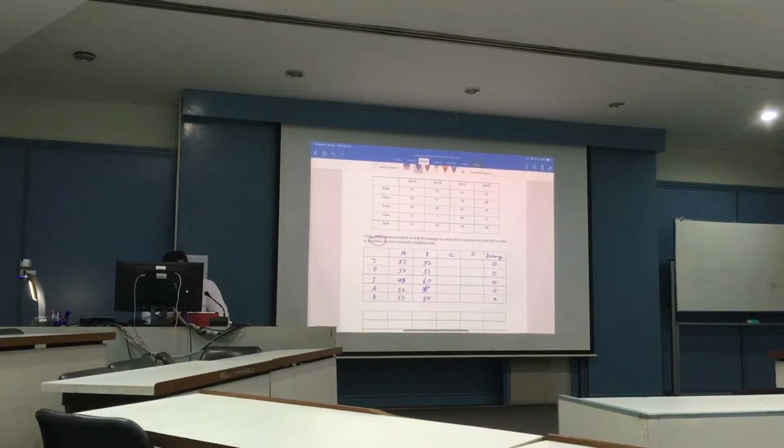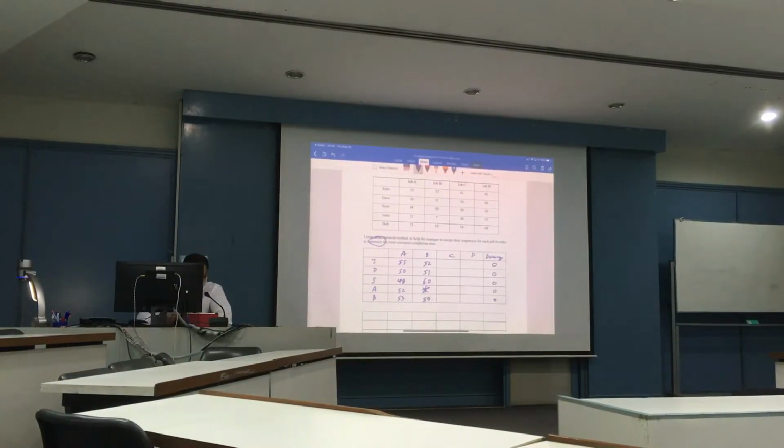So Anna can perform job B, so I use a star to mark. And when I add the dummy column, this one is going to be the row reduction as well, right?